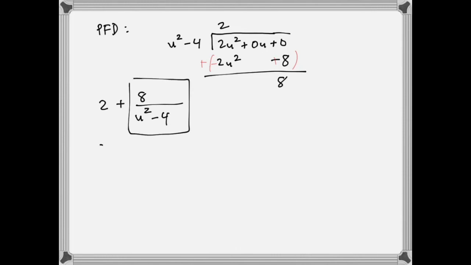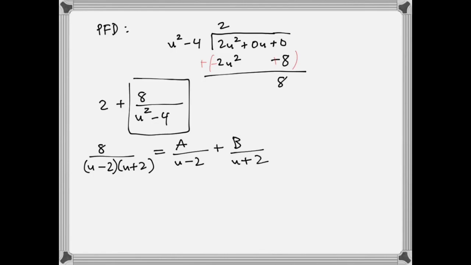So 8 over, I can factor that, can't I? u minus 2 times u plus 2. And I know that this is going to equal a over u minus 2 plus b over u plus 2. So this is actually going to be a pretty simple partial fraction example, right? The tricky part was the beginning. So if I multiply this by the LCD, I end up with 8 equals a times u plus 2 plus b times u minus 2.